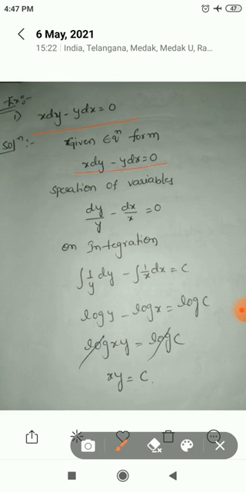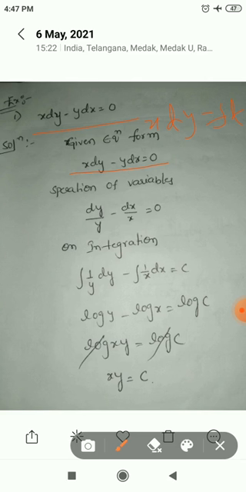So x dy minus y dx equals 0. Here we can write x dy equals y dx. The left hand side term is x dy and the right hand side term is y dx.